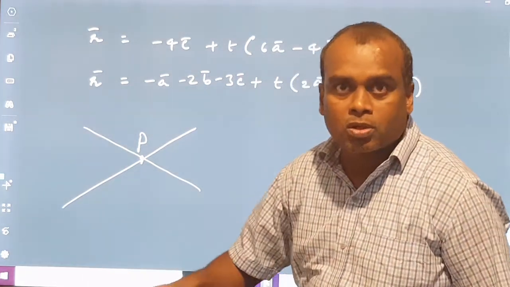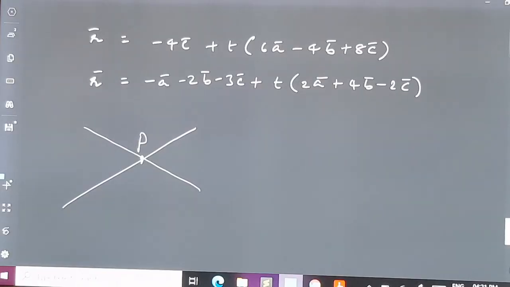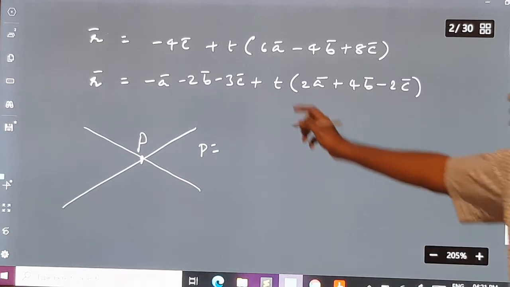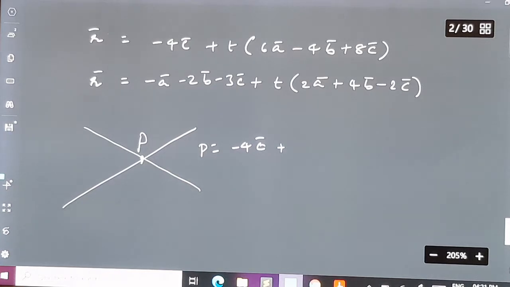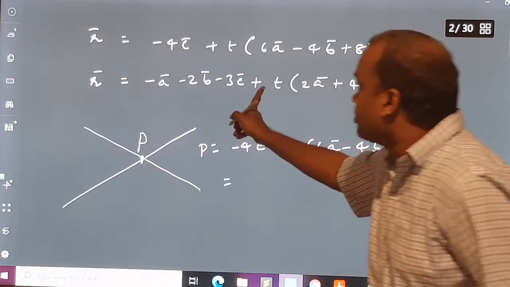I hope you understood. If I do that, I will have p equal to, taking t there, minus 4c bar plus t into 6a bar minus 4b bar plus 8c bar, which is the same as the same p from this line.